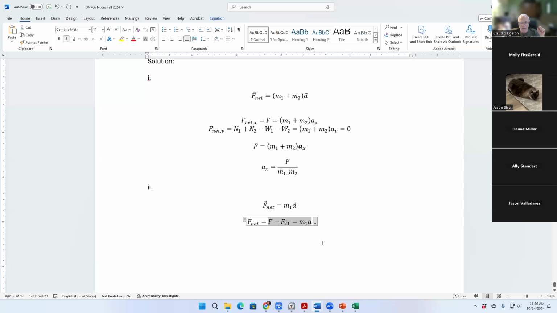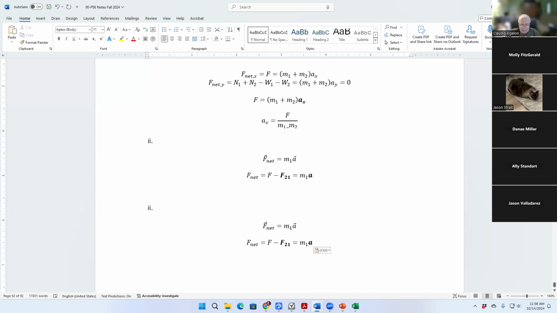Okay, I didn't finish solving my problem yet. Remember, I want to find out the acceleration here. But in order to find the acceleration, I have to find out what F of 2 in 1 is all about. And I still do not know F of 2 in 1. We find out F of 2 in 1 using the third free body diagram.